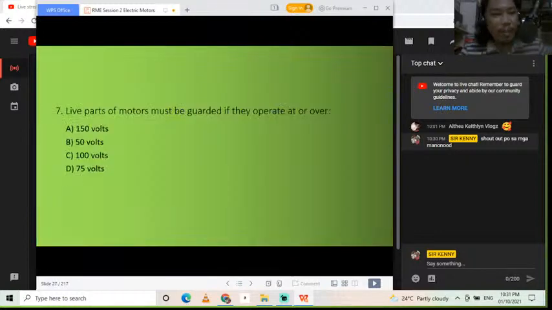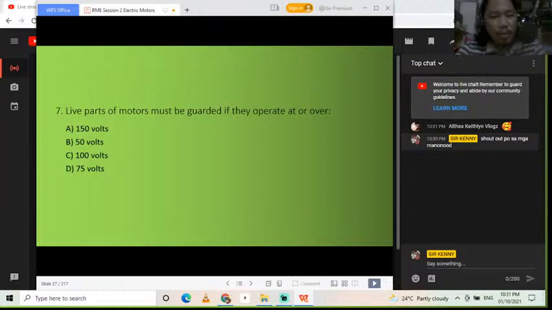So number 7, live parts. Live parts of motors must be guarded if they operate at or over blank. Ayan. A, 150 volts. B, 50 volts. C, 100 volts.